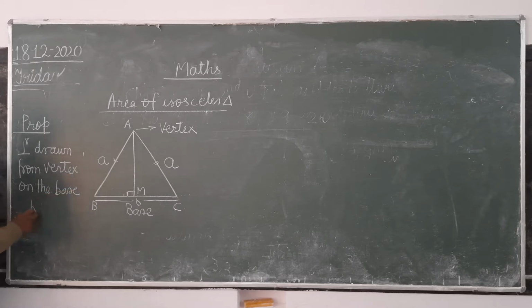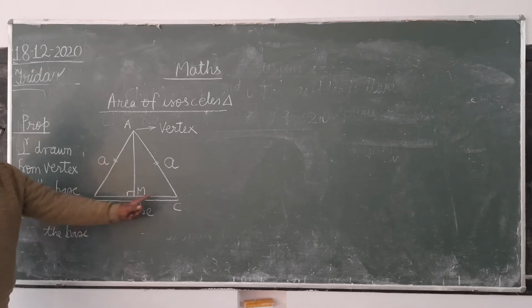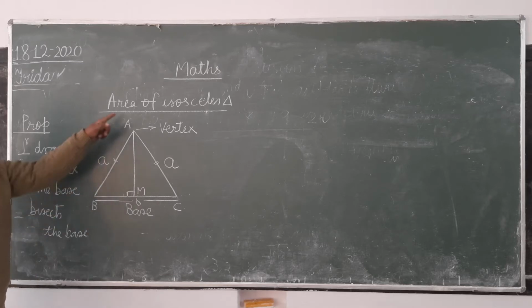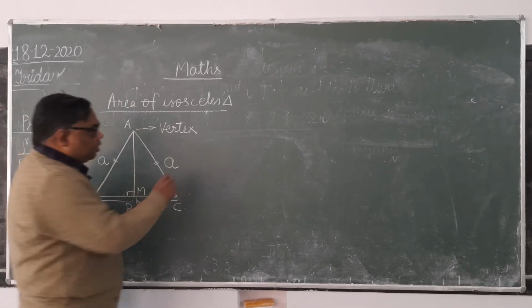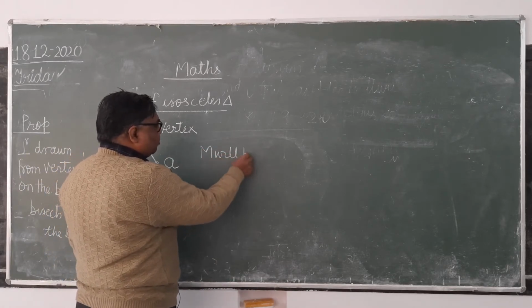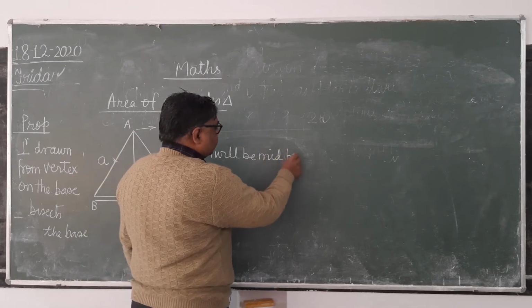So see here, A is the vertex and BC is the base. From A you draw the perpendicular on the base BC. This perpendicular is AM. So here M will be the midpoint of BC.